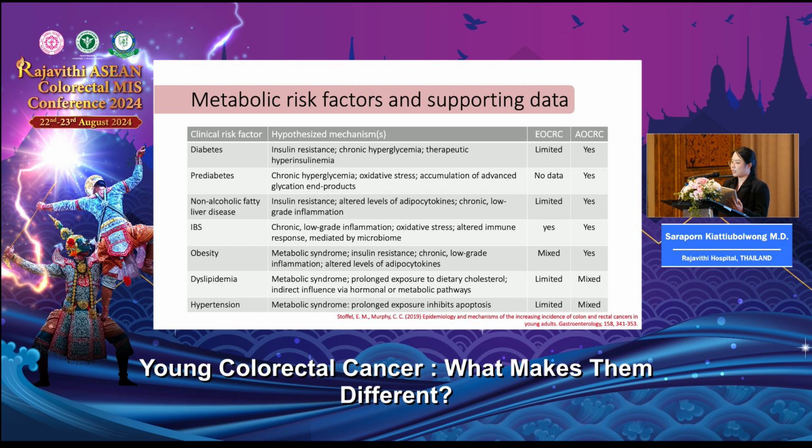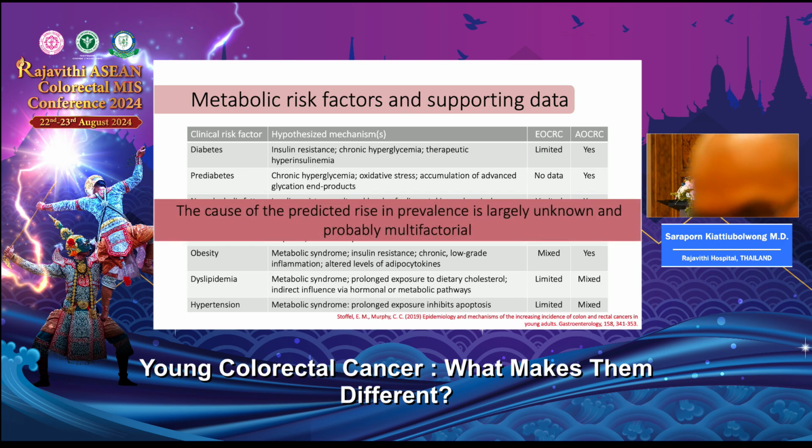Our data is still limited. The reasons behind the increasing early onset colorectal cancer are not fully understood and are likely multifactorial. This contrasts with average onset colorectal cancer, where the risk factors are already well established.